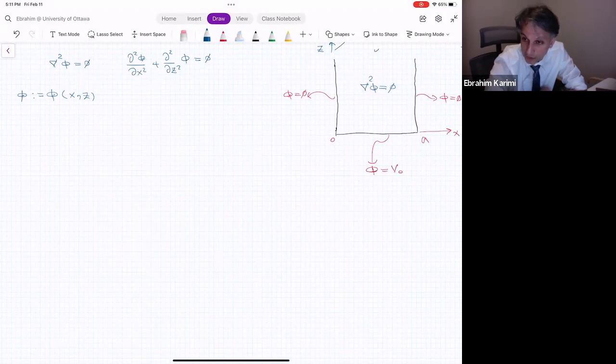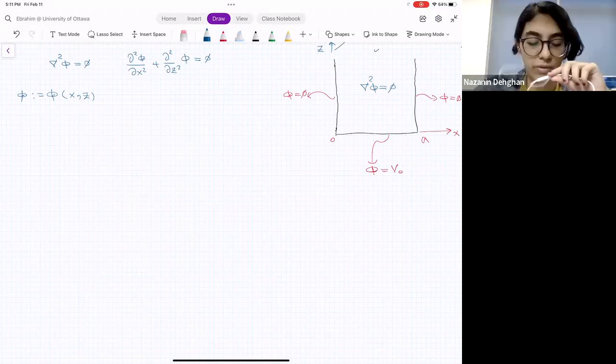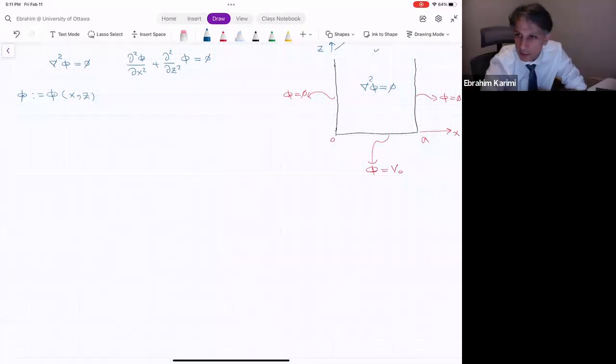How do we solve these kinds of problems, guys? Separation of variables. Okay, let's do the separation of variables. How many people know separation of variables? I think all, right? Now I have challenging questions for you guys. You will see that.